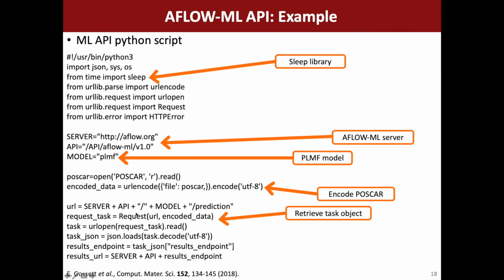So this creates the URL that it queries, and this is where it retrieves the actual task object. It opens it, extracts the JSON, turns it into a Python dictionary, reads the task.json value, the results._endpoint value, and then it builds the URL to query to get the results.